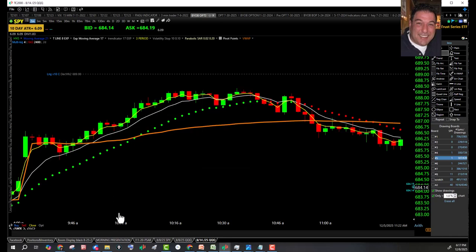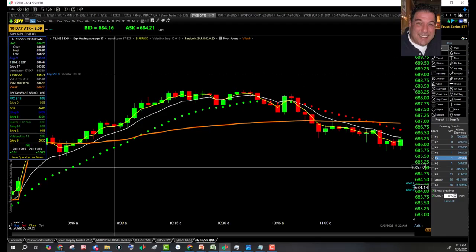Put the crosshairs up here. That's our 10-minute candle. Notice VWAP is different now on the 2-minute chart, again because they're taking the average of the last price of that candle. So look at it.